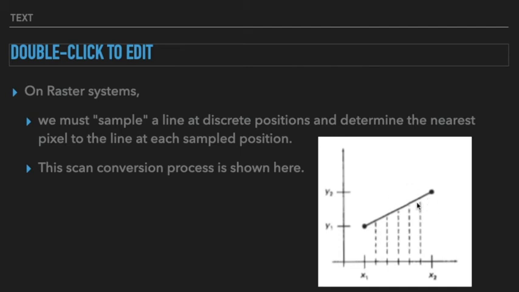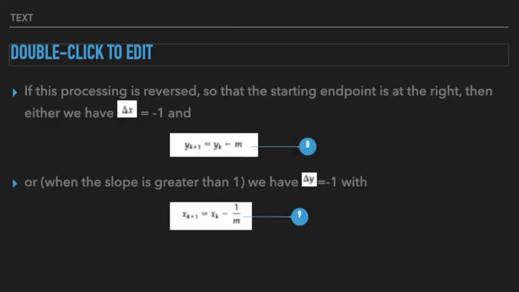If you have to draw from right to left, you have to use a different equation: take the unit intervals in negative values. The starting endpoint is at the right, so delta x is equal to minus 1, and yk plus 1 will be equal to yk minus m.